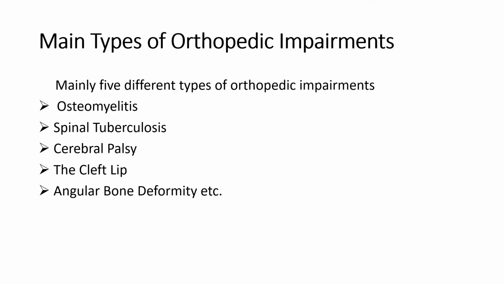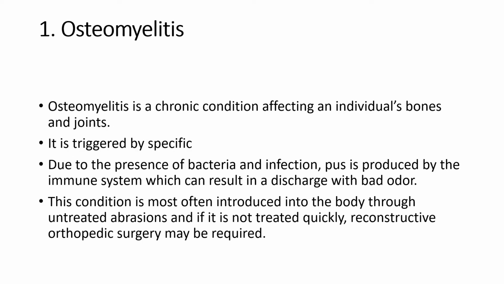There are many types of orthopedic impairment. The main five types are as follows: osteomyelitis, spinal tuberculosis, cerebral palsy, the cleft lip, and angular bone deformity. Osteomyelitis is a chronic condition affecting an individual's bone and joints.